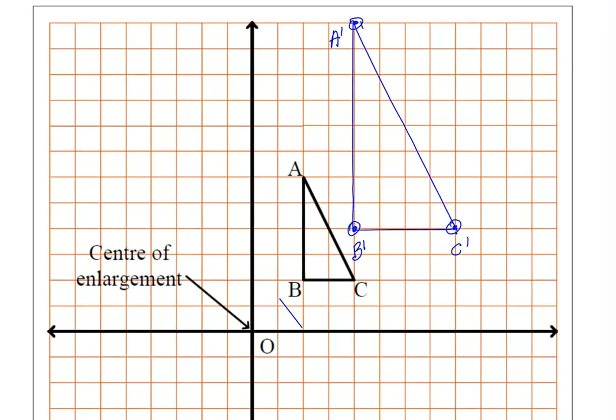So ABC is the object, and A prime, B prime, C prime is the image, and k, the scale factor, is equal to 2.